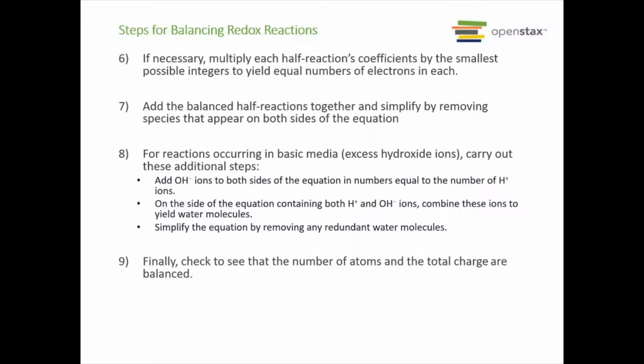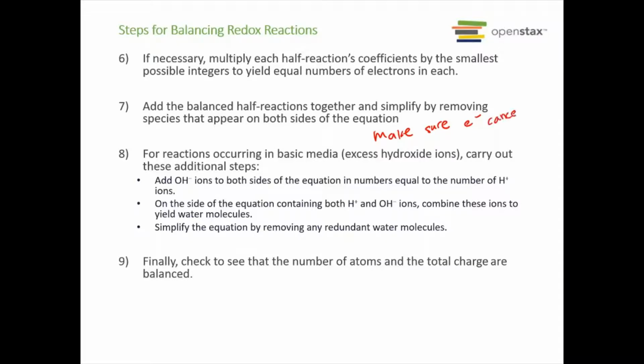Now, you need to multiply each half reaction by the smallest integer coefficients to make sure that each half reaction has the same number of electrons. Then you're going to add your half reactions together and remove species that appear on both sides of the equation. And what I want to add here is to make sure your electrons cancel.